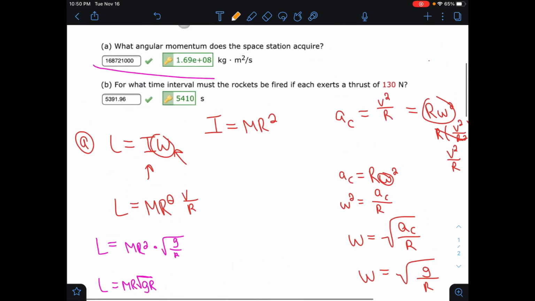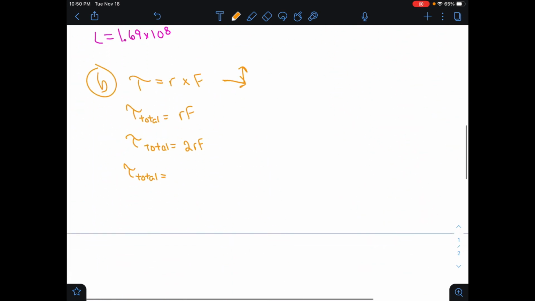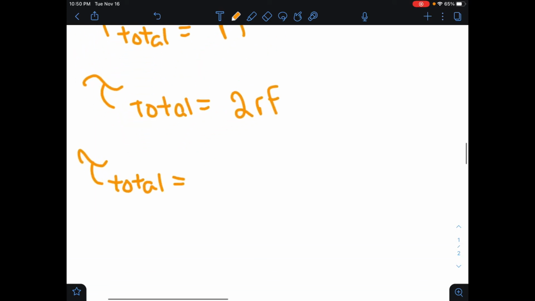It's asking for time, okay. Let me explain what I'm doing right now. So I'm finding this torque to then, hold up, I just lost my train of thought. This is the total torque being applied.